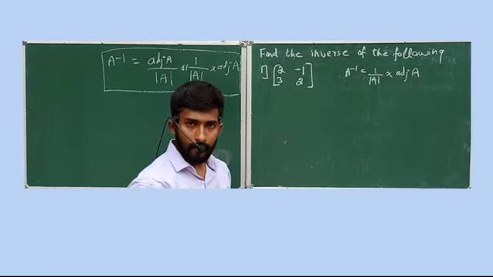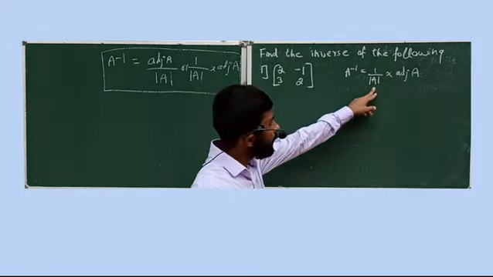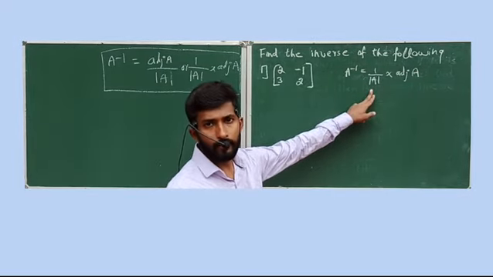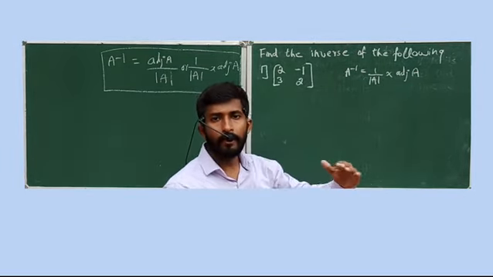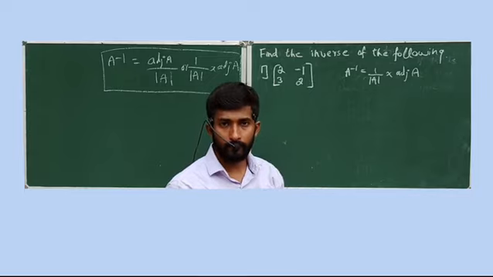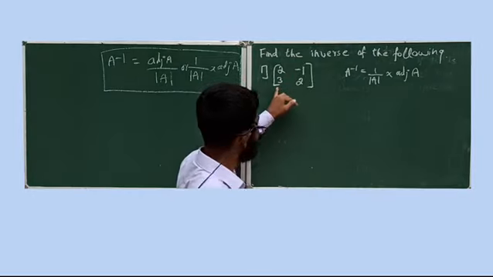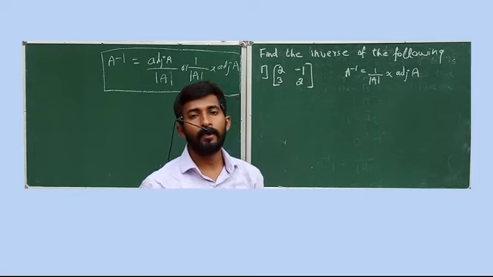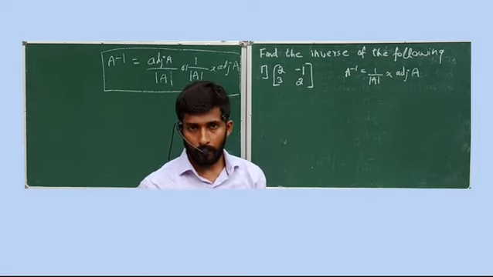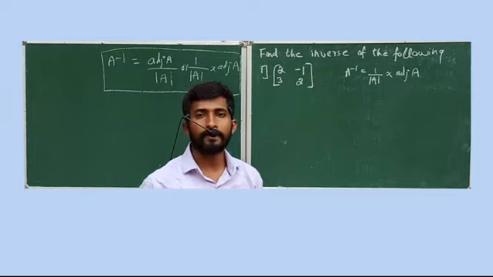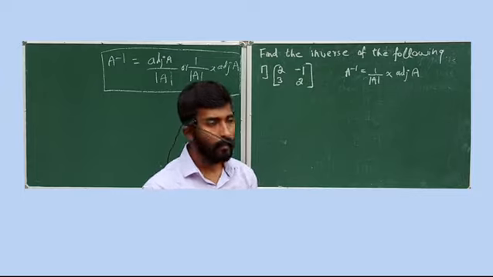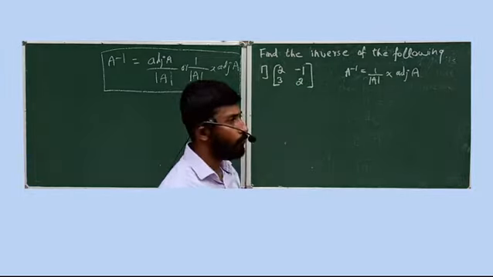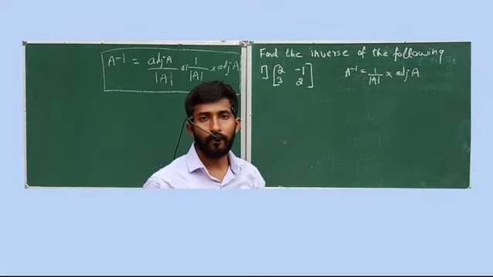Determinant A is in the denominator, and we know any number divided by 0 is not defined. Therefore, a very important observation: when matrix A is given, if the determinant is equal to 0, then A inverse does not exist. So, to find the inverse, a very important condition is determinant A is not equal to 0.